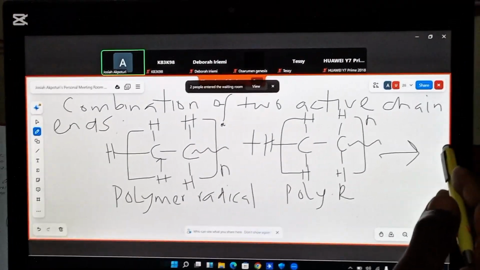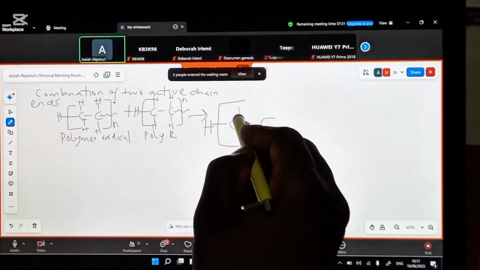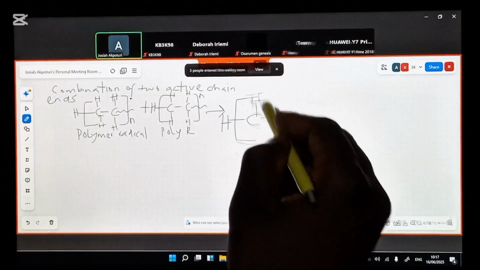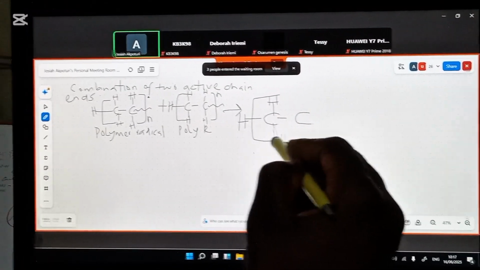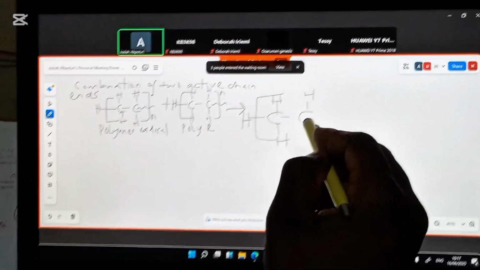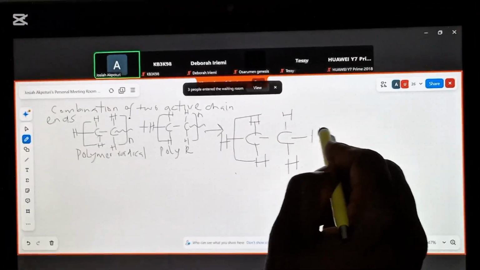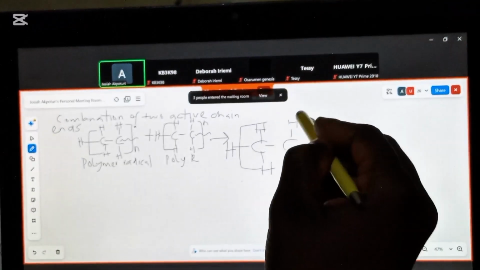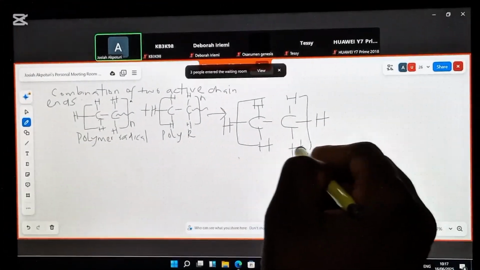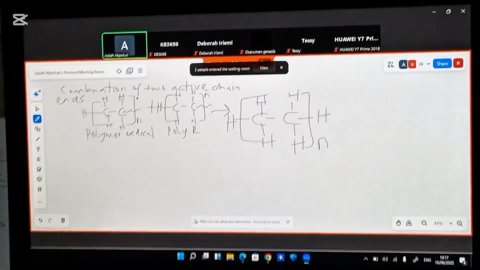So when the two react, that ethene will no longer be ethene, it will now be ethane, because the pi bond was broken for the radical to react. You must put your bracket in such a way that the bond of the H will be outside.